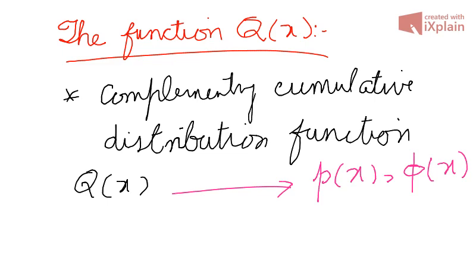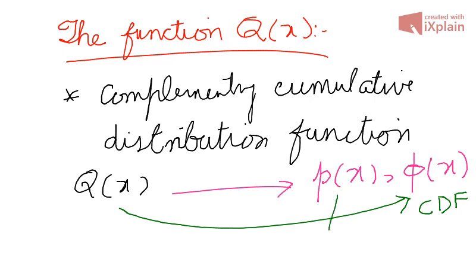So we will see that this function Q of x is actually related to the phi of x, the cumulative distribution function of the standard normal distribution, or the PDF. This is the PDF of a standard normal distribution.